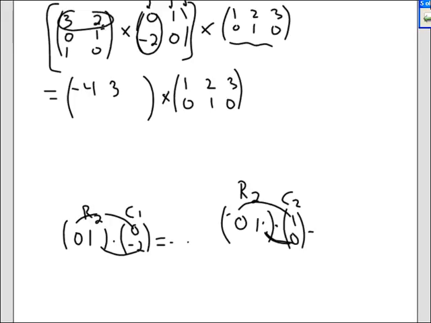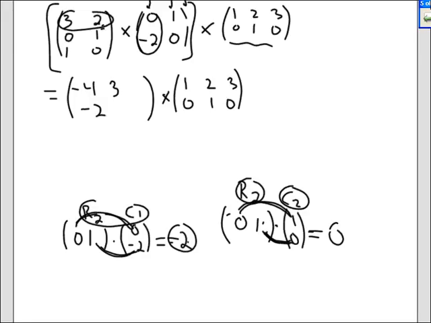I'm going to dot it with column 1, column 2. 0 plus negative 2 is negative 2. 0 plus 0 is 0. So row 2, column 1, I put negative 2. Row 2, column 2, I put 0.